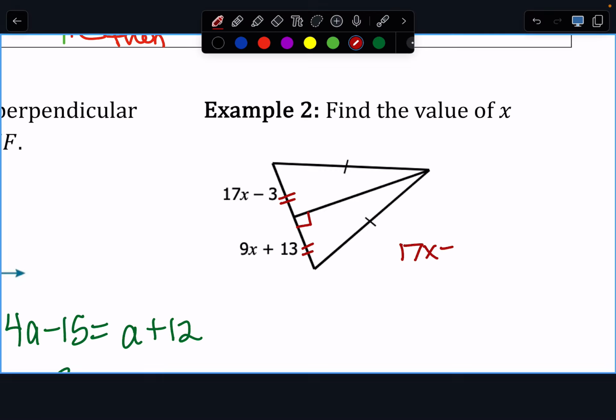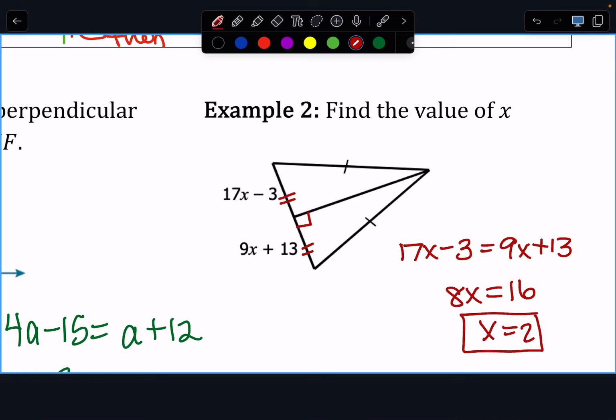So 17x minus 3 equals 9x plus. So what does this mean? X equals 2. Okay.